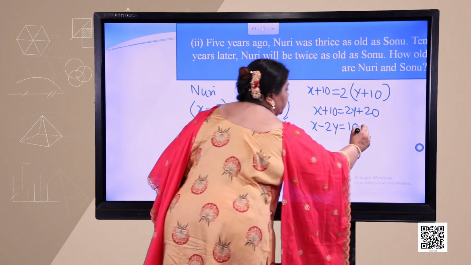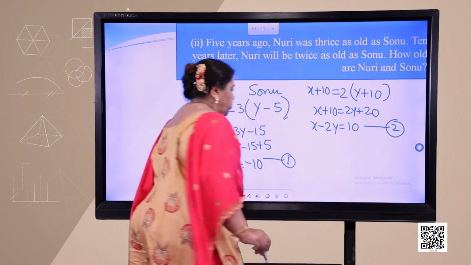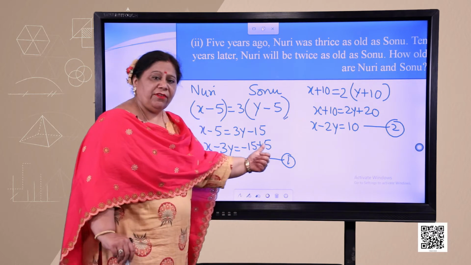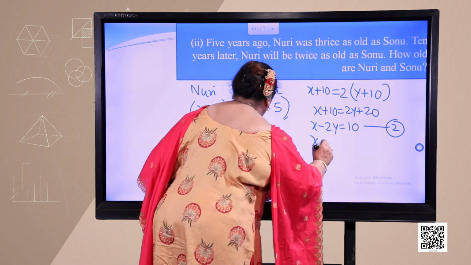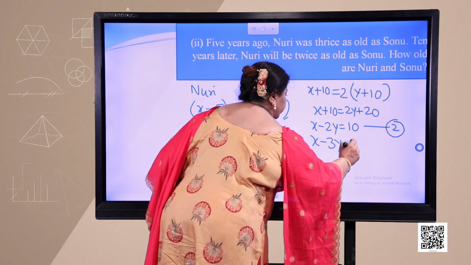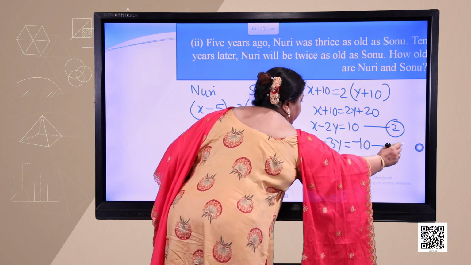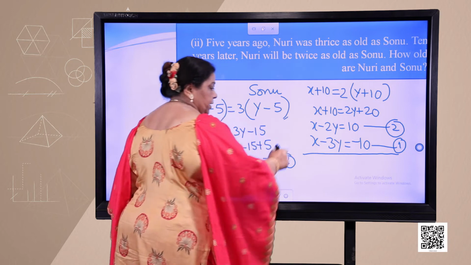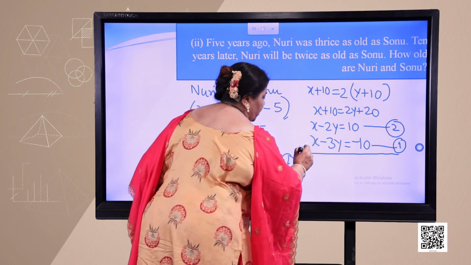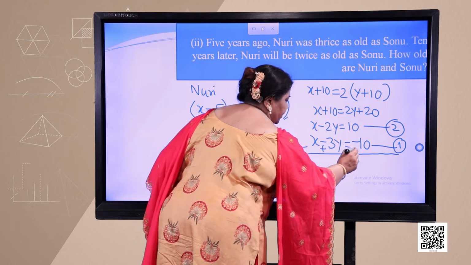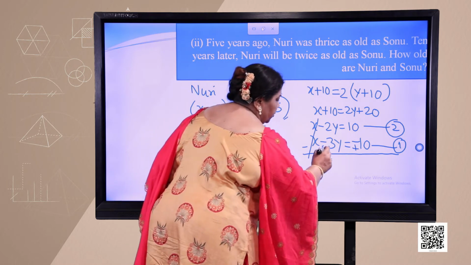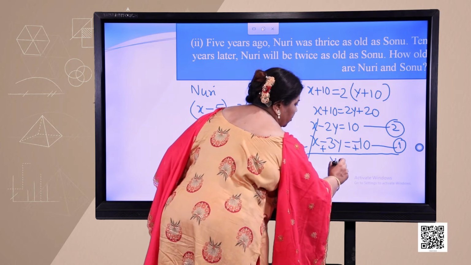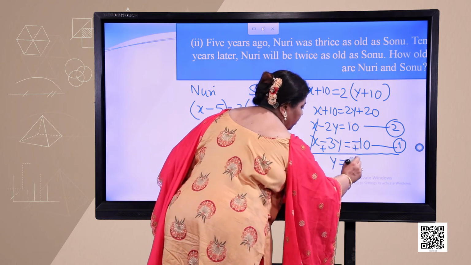So, can you observe these two equations? What do you notice? The coefficients of x are equal. So, let me write down this equation here. Same sign, subtract. So, we will subtract here, the signs will change, x is cancelled, you have y is equal to, what is 10 plus 10? 20.